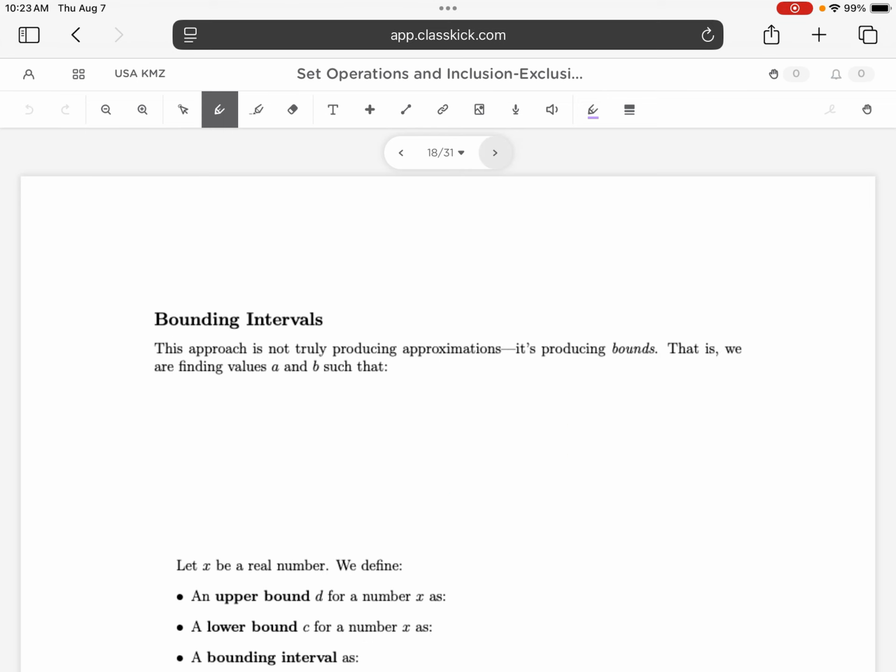Now, when we're doing these approximations, we're not actually producing an approximation so much as we're producing bounds, right? So we found that the square root of 12 was in between 3 and 4. It's greater than 3, but it's less than 4. And that's giving us a bound, right? So this is sort of our lower bound A and our upper bound B in this example.